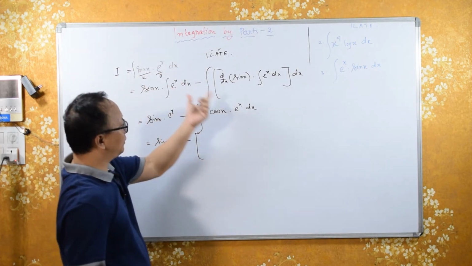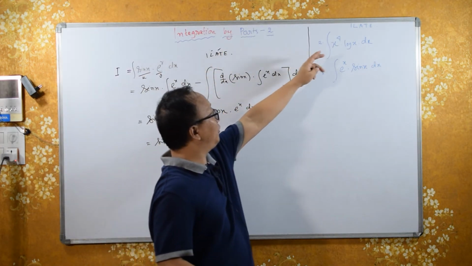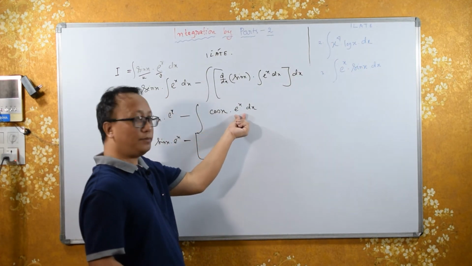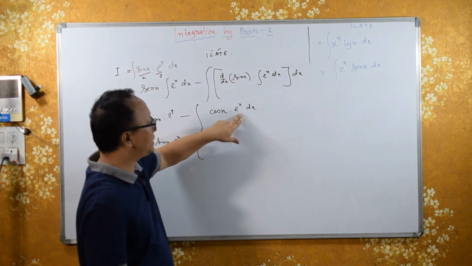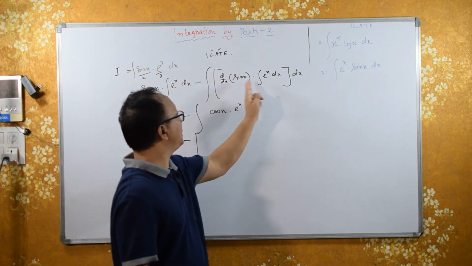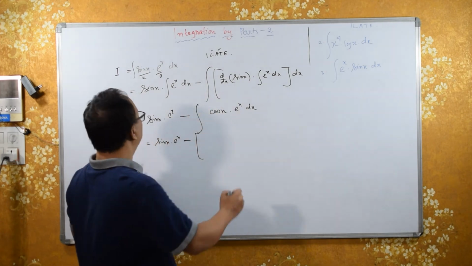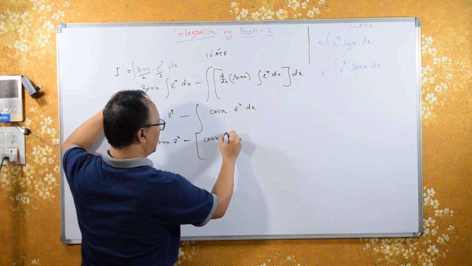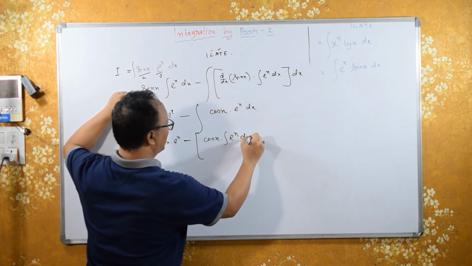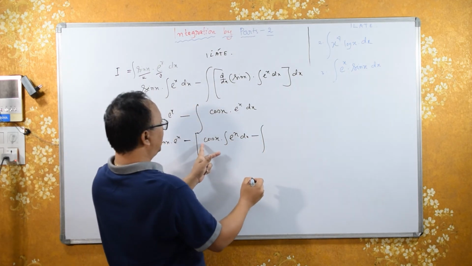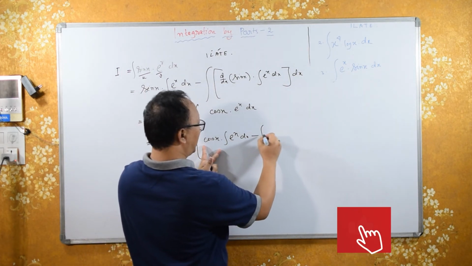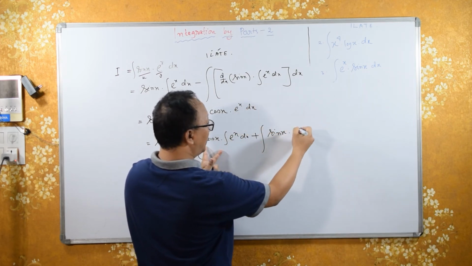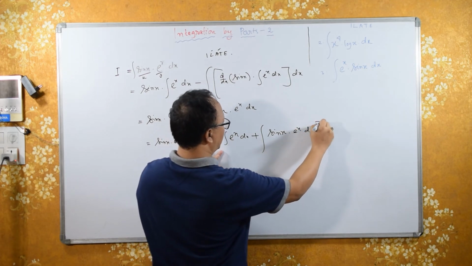applying again u into v, because this is again u into v over here, by using the Euler formula. Now similarly, this will be the first function and this will be the second function, because this is trigonometric and this is exponential. Okay, by applying this u into v rule once again in here, this will be cos x, integral of e raised to x dx, minus integral of d by dx of cos x, which is minus sin x, so minus plus sine of x into integral of e raised to x dx.